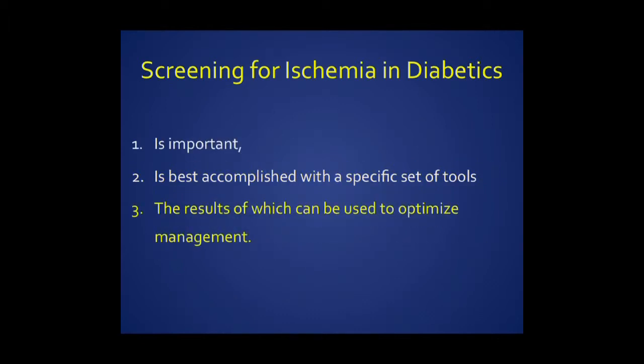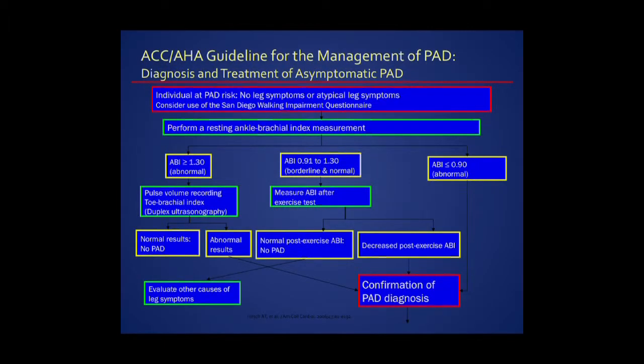So with that, how could we use these tools to best optimize management? Well, we have some guidelines from the American Heart Association, and these are for patients that are asymptomatic or have atypical leg symptoms, and patients that have diabetes fall into those categories if they have no lesions because of their high risk of developing PAD. In patients that have an abnormal ABI, the recommendations are to proceed with more screening tests.